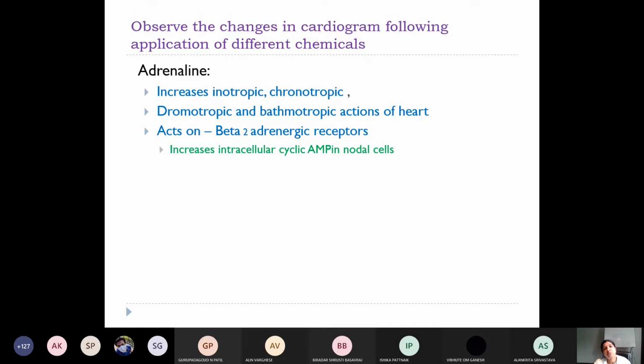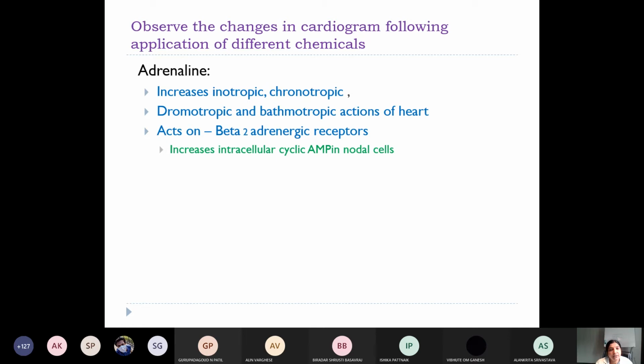See, remember, whenever the words physiological basis come, it means you have to explain the molecular mechanism or mechanism of action of that particular ion, drug, effect or reflex, anything, right? So the physiological basis of this increase in all these functions of the heart brought about by adrenaline is that it acts on different types of receptors for sympathetic and parasympathetic.